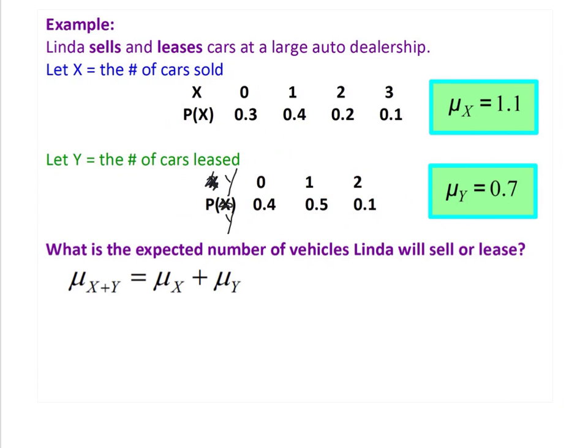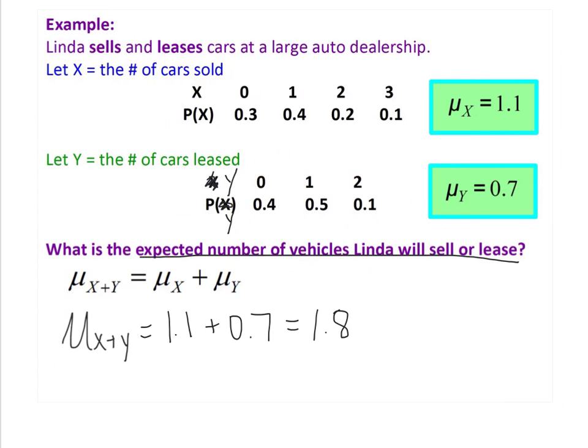So if I want to find the expected number of vehicles Linda will sell or lease, that would be adding together my two different expected values. So the mean of x plus y, which is the expected number of vehicles Linda will sell or lease, that's this notation right here, that's what this means, equals 1.1 plus 0.7, or 1.8 vehicles.